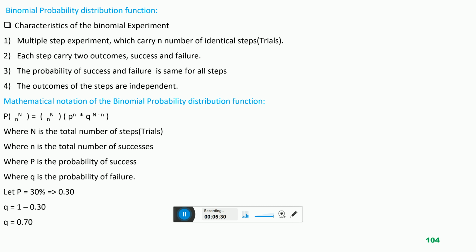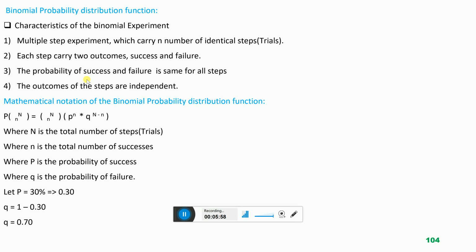So look, if a particular experiment carry these four characteristics, this experiment is called binomial experiment, and to assign probabilities to the values of the random variable of the binomial experiment, we are using binomial discrete probability distribution function.